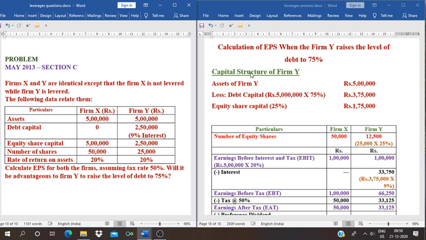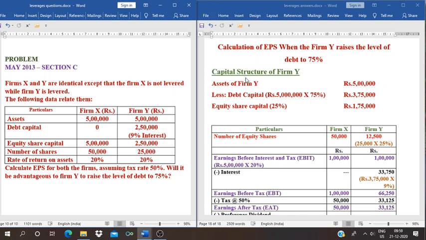First, we are going to calculate the capital structure of firm Y because the information they have given is, will it be advantageous to firm Y to raise the level of debt to 75%, and there is no change for the firm X, only there is a change in the firm Y.